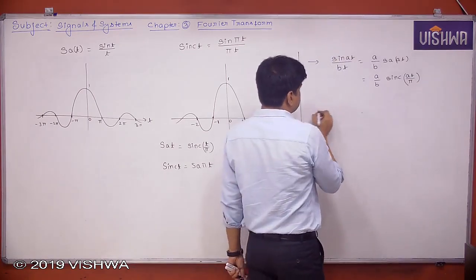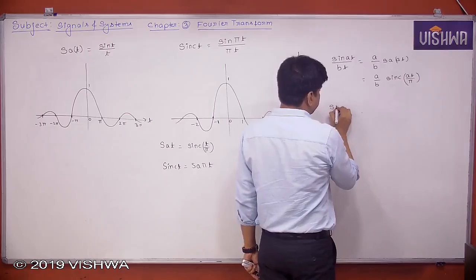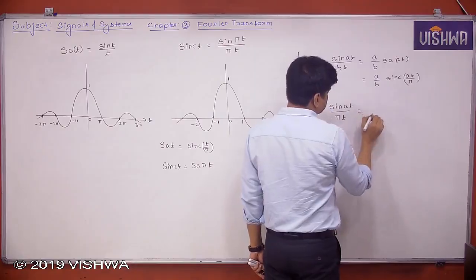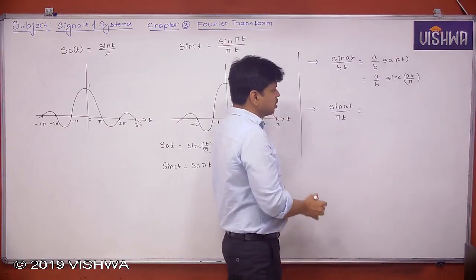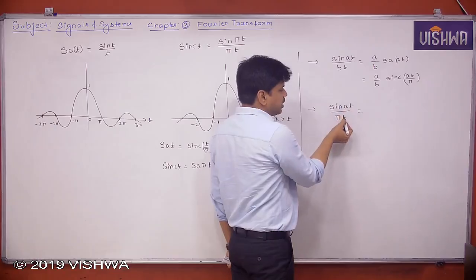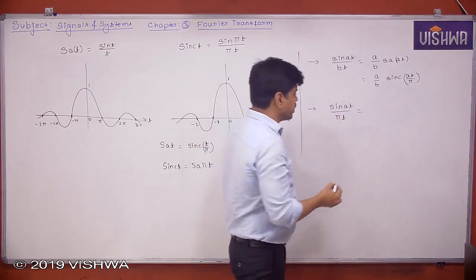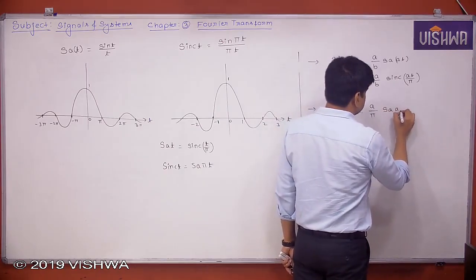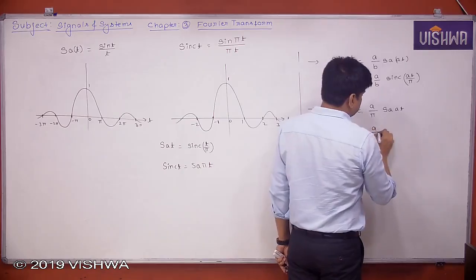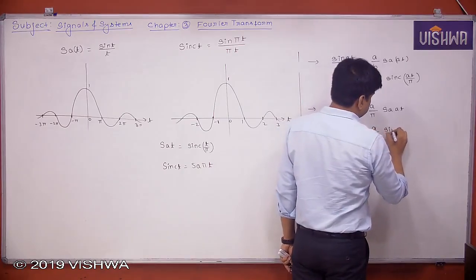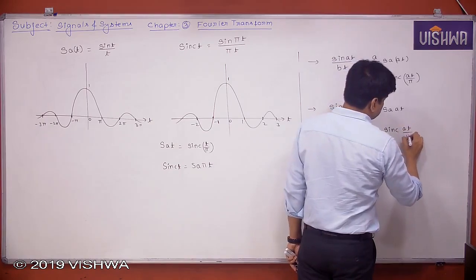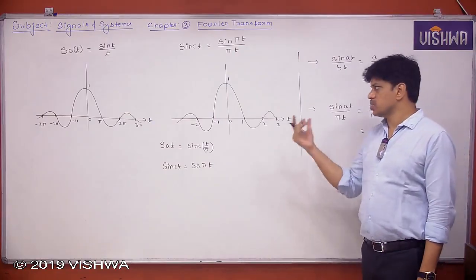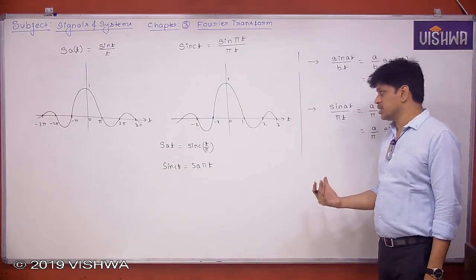Next, suppose there is a function sin at by pi t. How can you write this as a sampling function? The coefficient of t is a here and pi here. So we can write a by pi sampling at, which is a by pi sinc at by pi. In this way we can write it. This we have already done, but you can take it so that it becomes more familiar, because we are using it here now. Okay, take it.